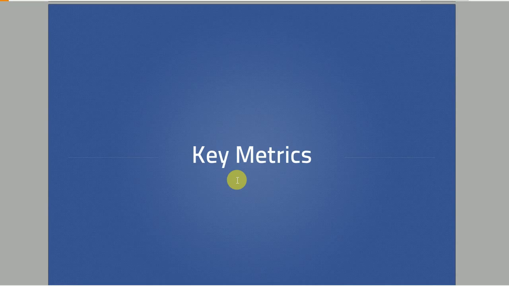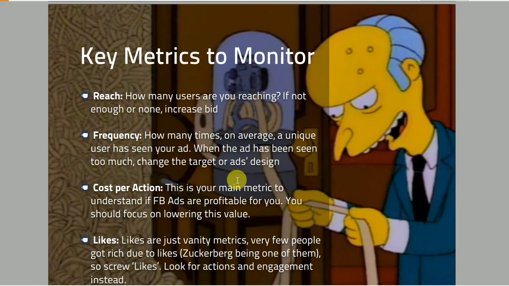So what are the key metrics you should look at? People look at the reach, how many people you are going to be reaching. Facebook shows it on one side, the number of thousands of people you can reach, like 10,000 people.